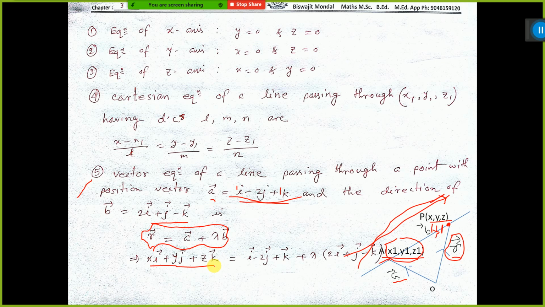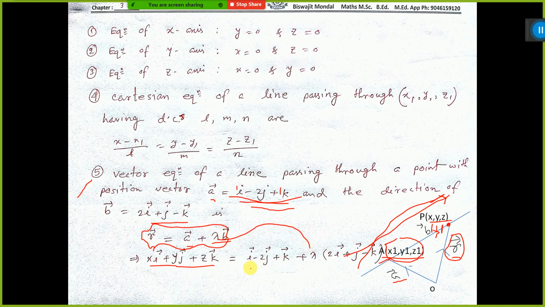Because P's position vector is r and P's coordinate is x, y, z, so xi plus yj plus zk is the position vector r, which is equal to a plus lambda b. Capital A is a point whose position vector is small a, and b is a vector parallel to this line and lambda is a scalar.